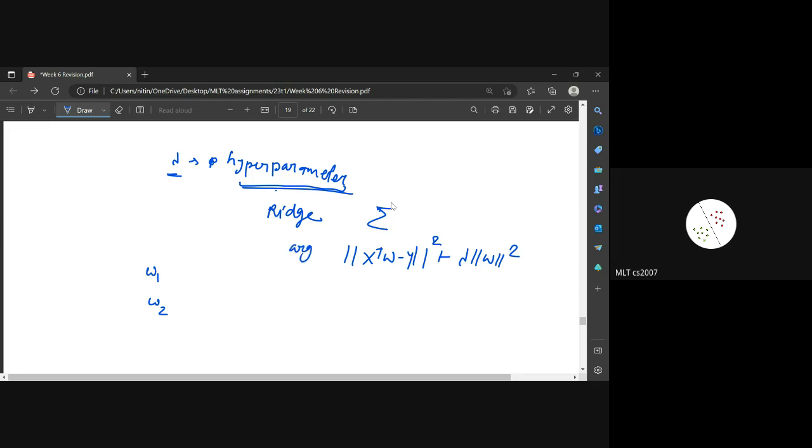You have to minimize this. And in the case of Lasso, you have norm 1; this is norm 2. So if I increase the value of lambda, what will happen to the W vector? Will the norm of W tend to increase or decrease?